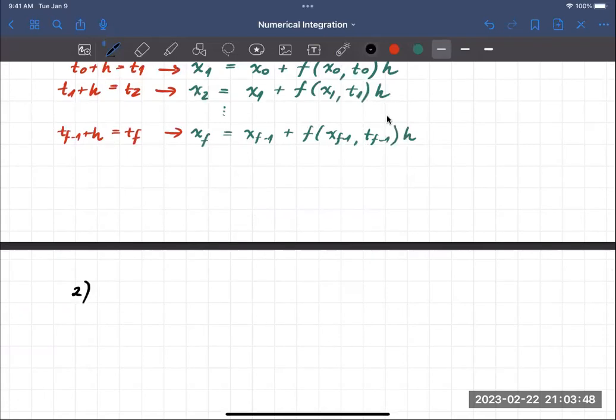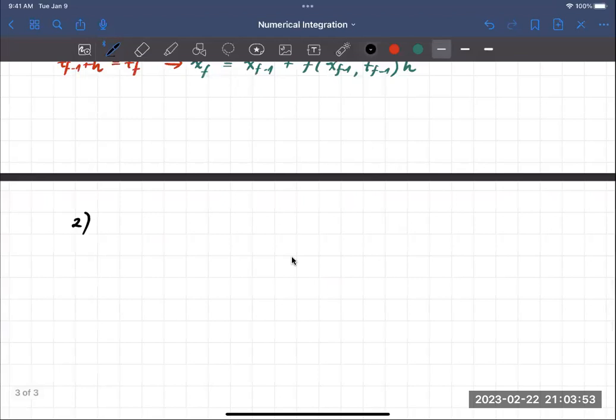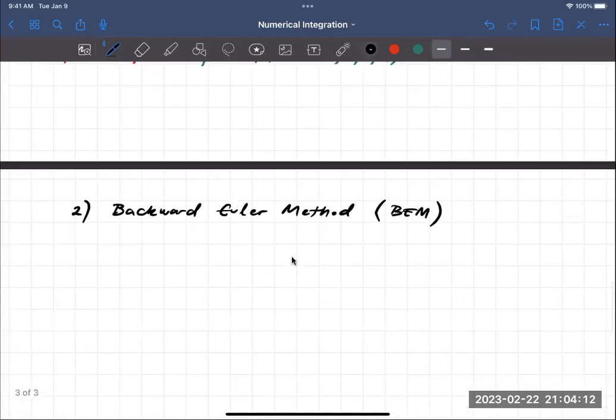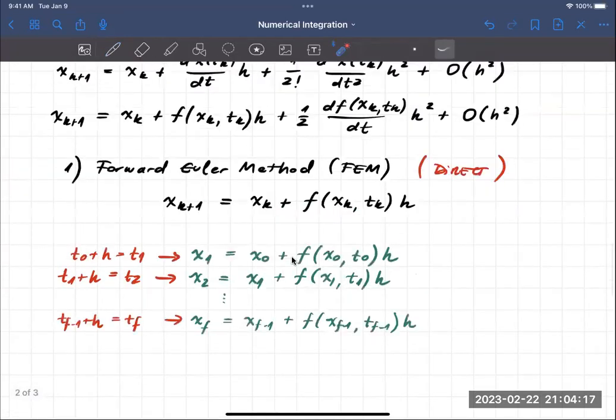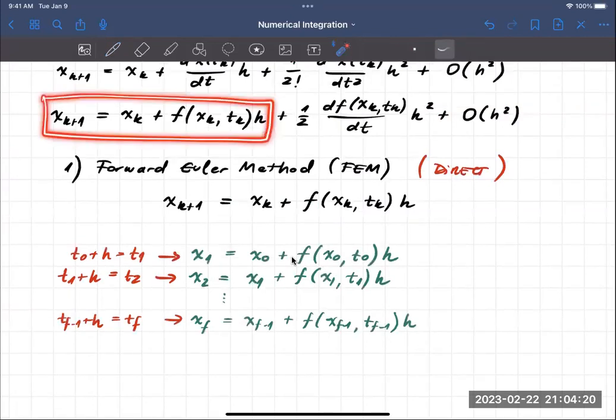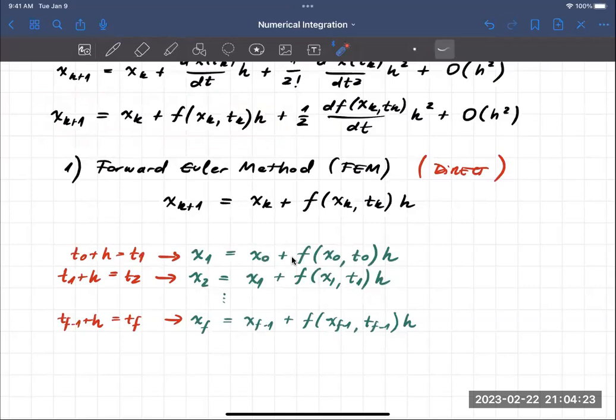2. The second method that we're going to look at is the so-called backward Euler method, BEM. The idea with the backward Euler method is that first of all, it's also a first-order approximation. It uses the first-order term of the Taylor expansion.